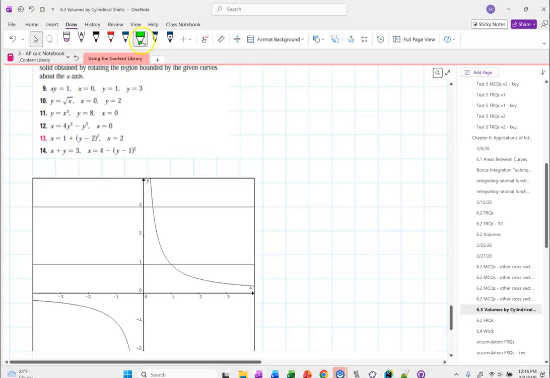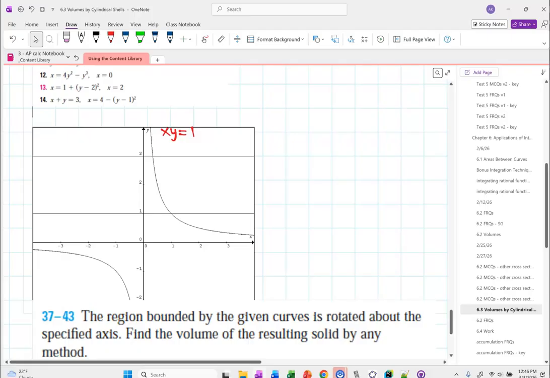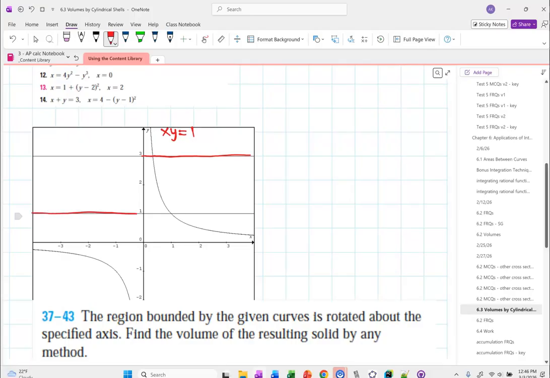Here's this one. So this is xy equals 1, and then between y equals 3, y equals 1, and then the curve.